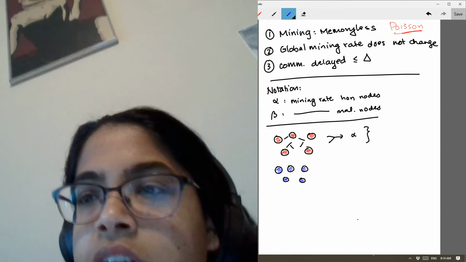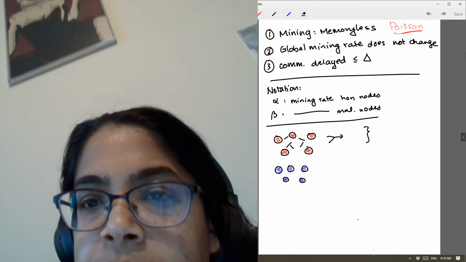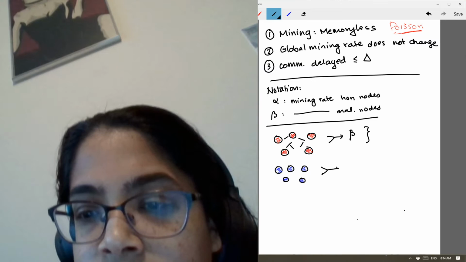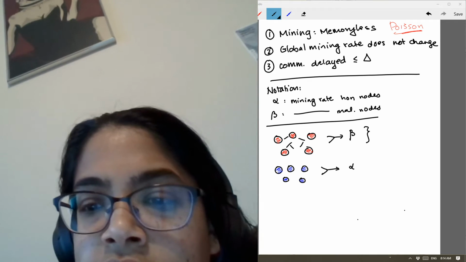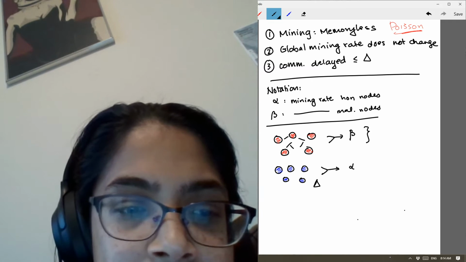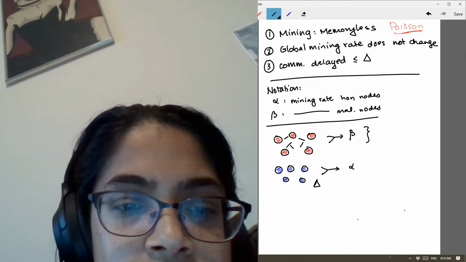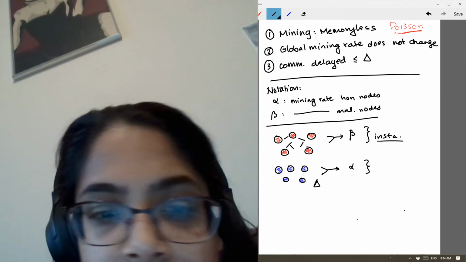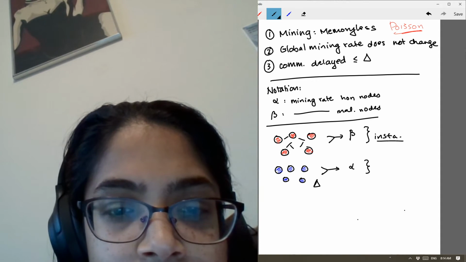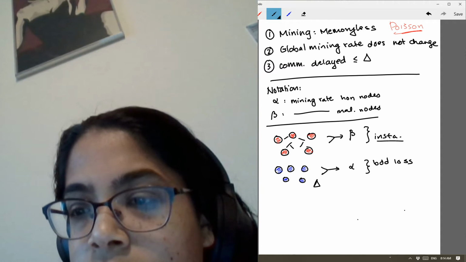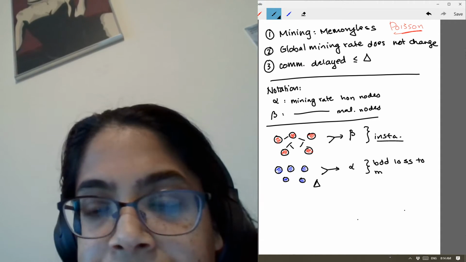Oh, I made a mistake. So this should not be alpha. This is for malicious nodes, and they can actually do this at beta. But for honest nodes, they have that communication delta delay, and that means that there's going to be some sort of bounded loss to mining rate.